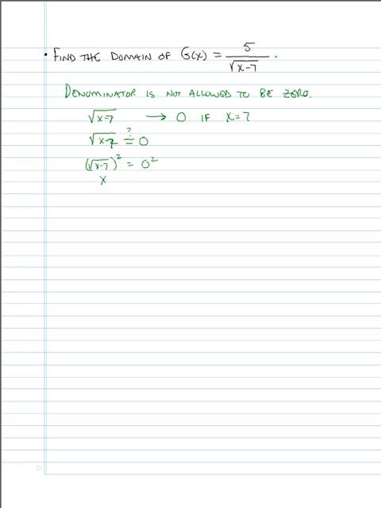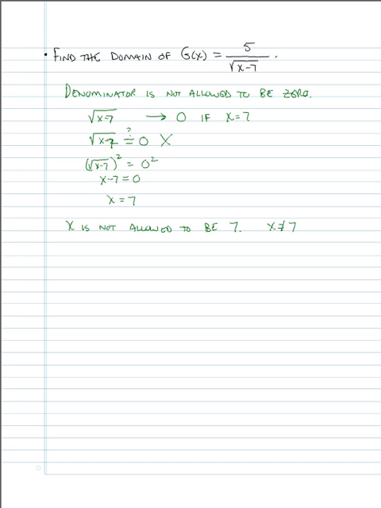And we'd get, well, then x minus 7 would have to be 0. And that would be when x is equal to 7. Now that's when it's equal to 0, and we can't let that happen. So that means x is not allowed to be 7. That is, x is not 7.